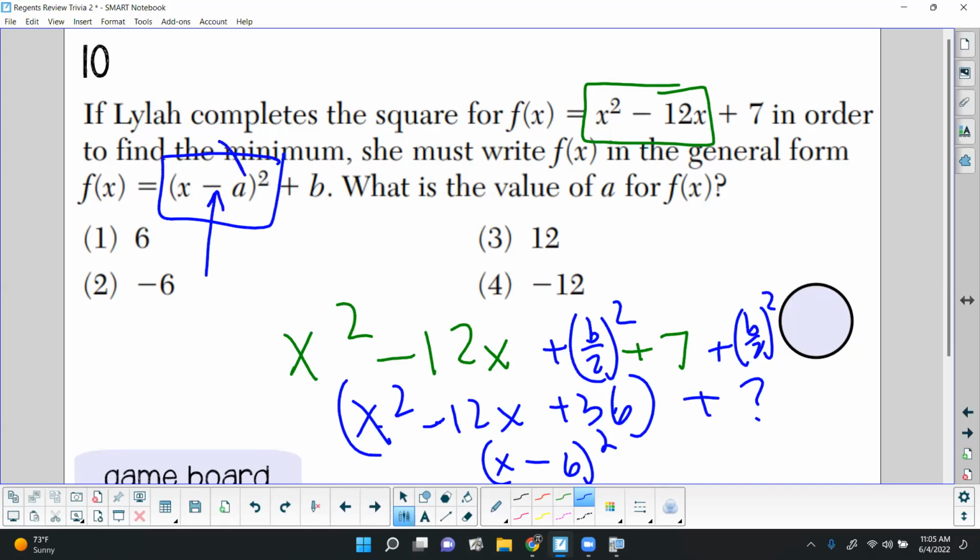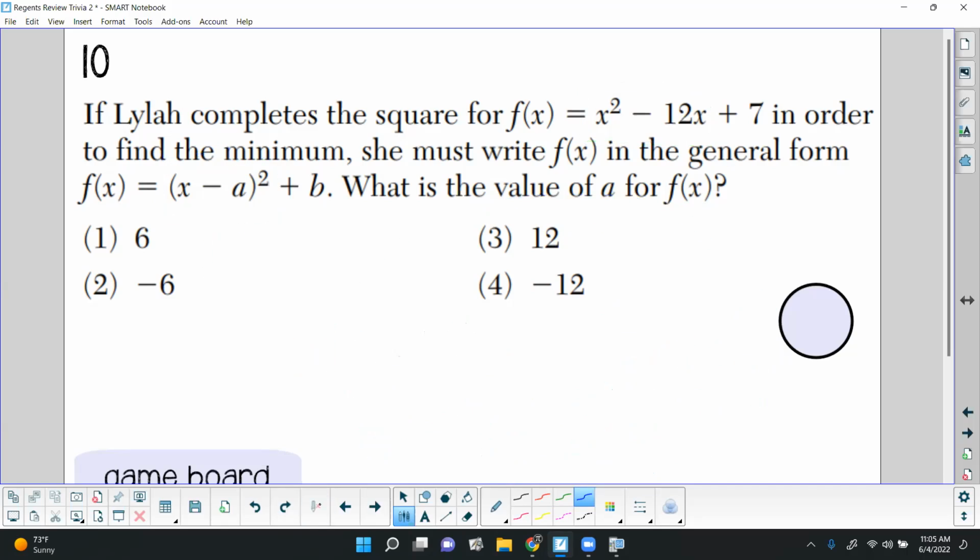So they're asking you just for the letter A. So when you complete the square and you're finding this answer in the A position, it's either the square root of the number you added, or it's just half of the B number, right? So even if I did none of this work, I know that half of this number is what always goes here. Half of the B number is what always goes there.